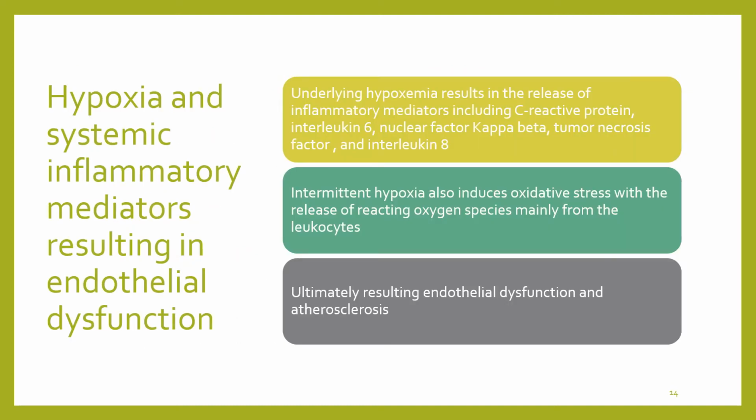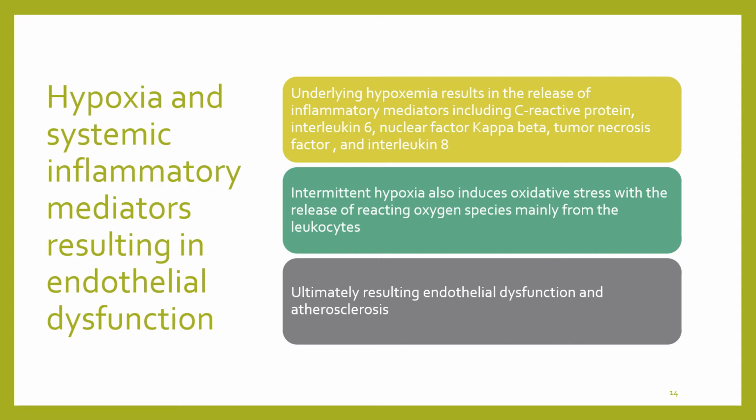Overlap syndrome has a lot of problems with pro-inflammatory mediators resulting from hypoxemia. Hypoxia results in the release of inflammatory mediators such as C-reactive protein, nuclear factor kappa beta, tumor necrosing factor, and a host of other pro-inflammatory mediators.